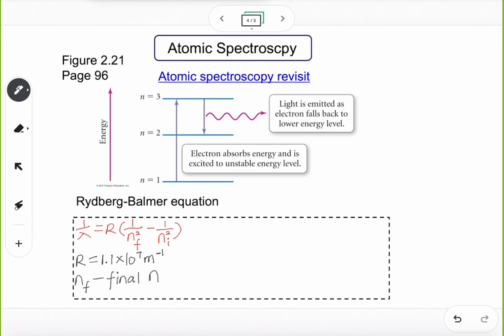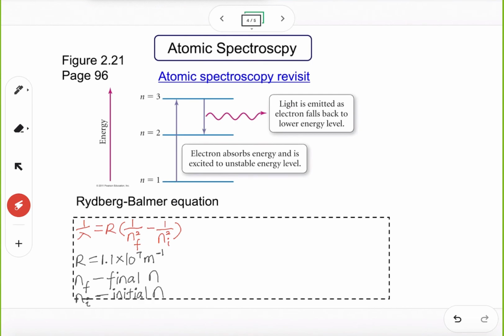And accordingly, let me write it here, NI, that's going to be the initial n. In this case, NI equals 3. So this equation is quite simple, and I believe it can help us calculate the wavelength very quickly.